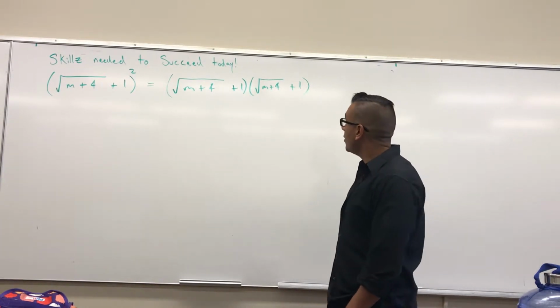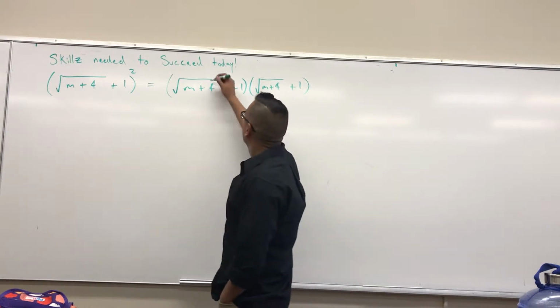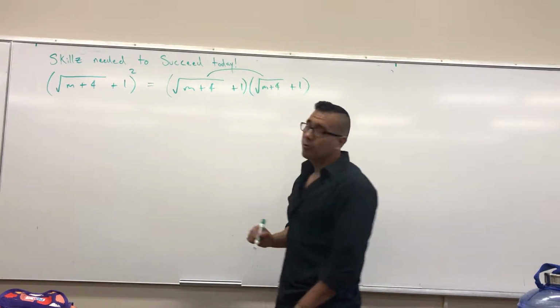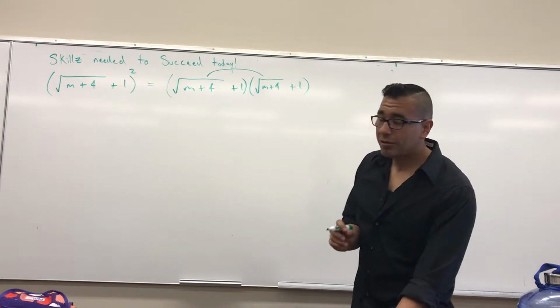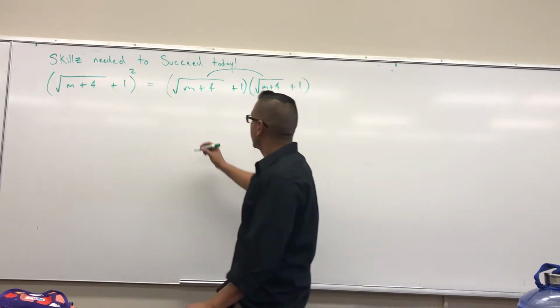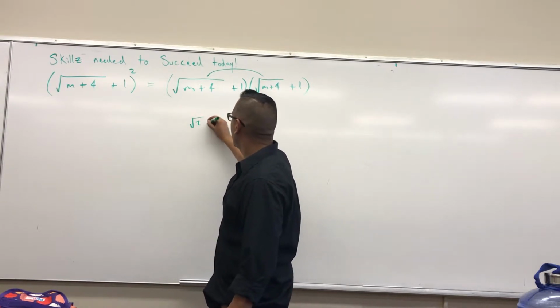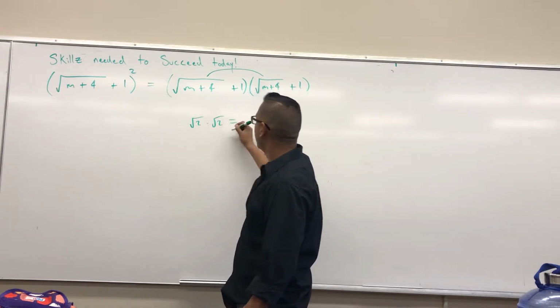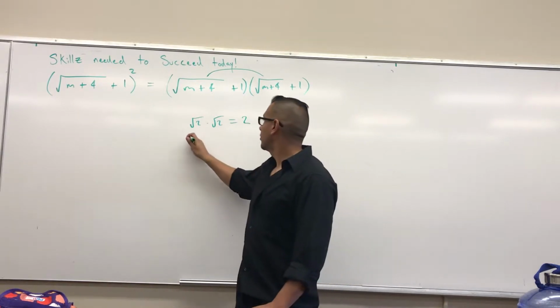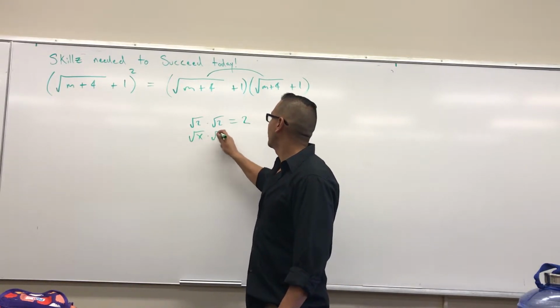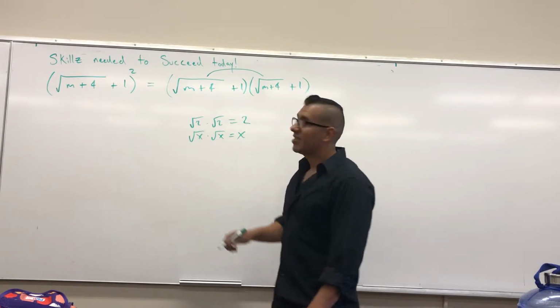So here we go. We're going to multiply the square root of n plus 4 times the square root of n plus 4. Before you do this, let me help you out. We talked about how the square root of 2 times the square root of 2 is just 2. We discussed how the square root of x times the square root of x is just x.